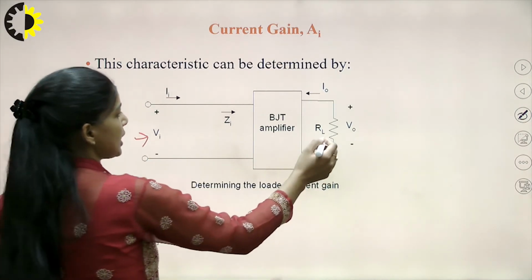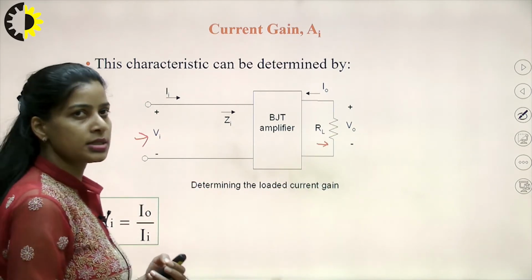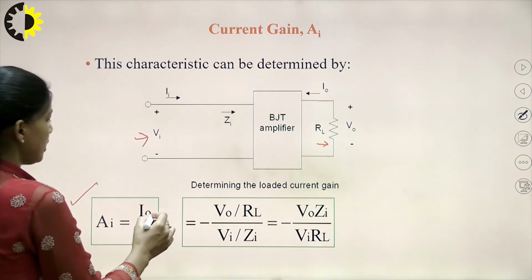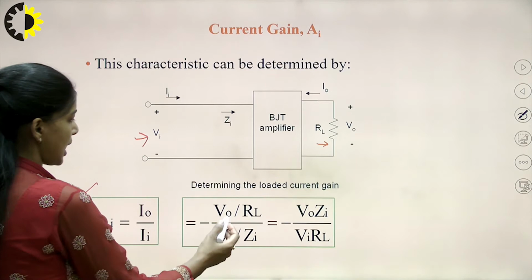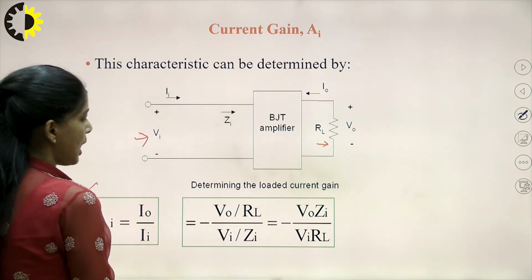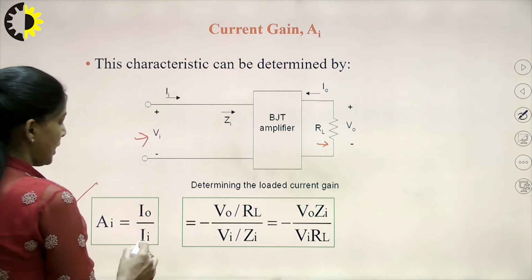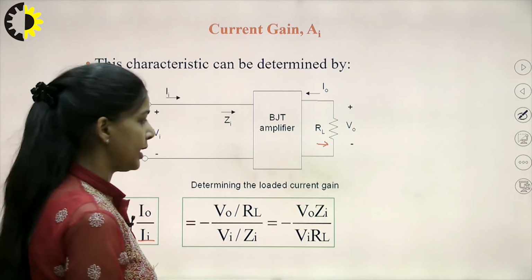At the output side we have load resistance RL and the current at the output is I naught. This I naught we can write in terms of voltage and resistance as V naught upon RL with a negative sign because this current is inwards, and II we can write as VI upon ZI.